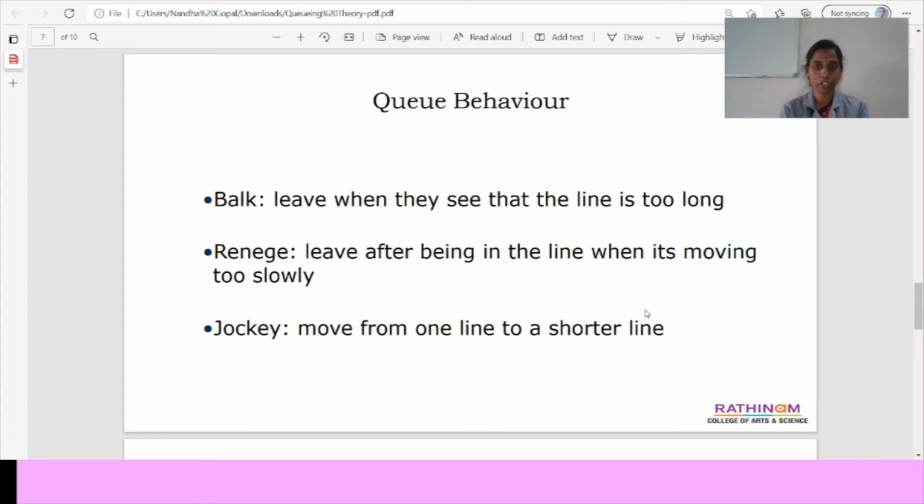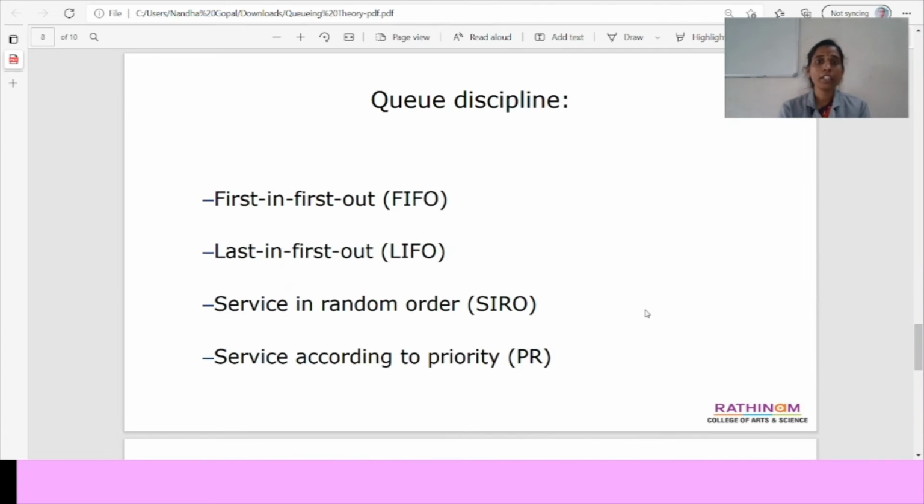Now I am going to tell you what the queue discipline types are. There are 4 types. The first one is first in, first out. I will explain with an example. Suppose I am going to get medicine from a medical shop.